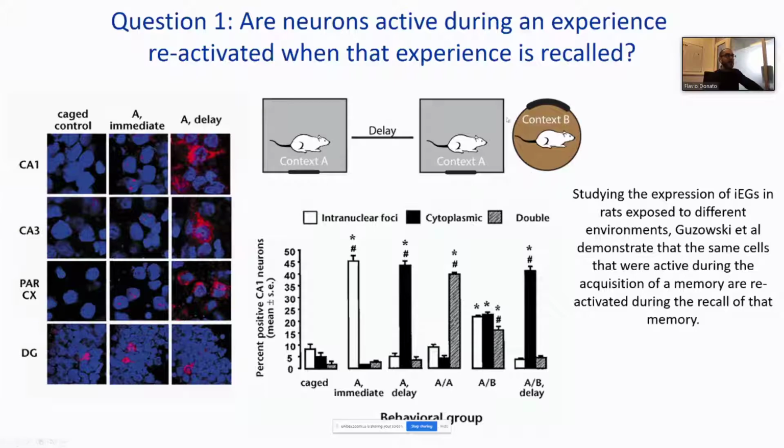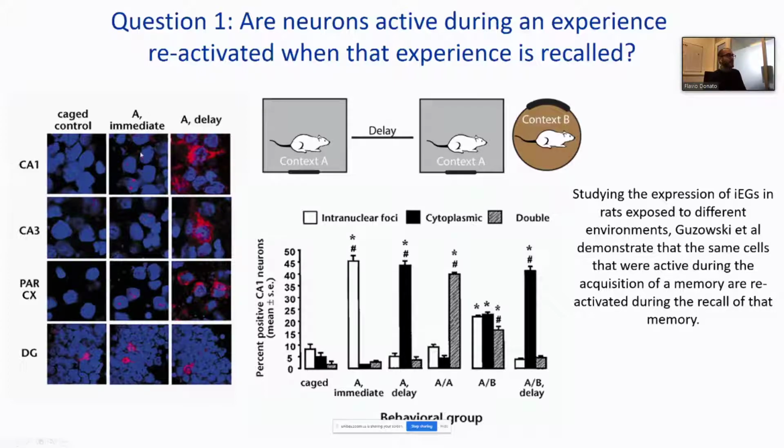And similarly, you ask whether the population of neurons that is active when you put it in context B is a different one. This is a very ingenious way to answer this question, since you know that the immediate early gene is first expressed in the nucleus and then translated into the cytosol, so you can look at when either the mRNA or the protein for that particular gene is expressed.